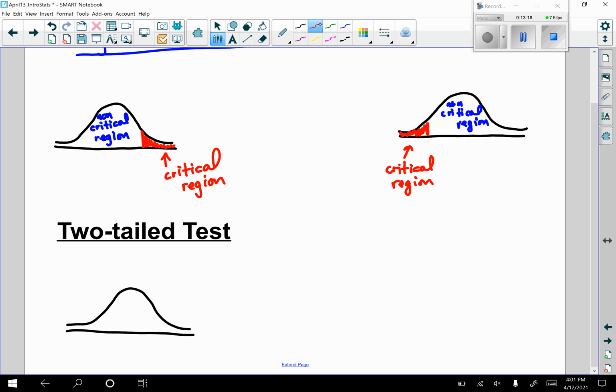And with the two-tailed test, we just have shaded regions on either side. So we have a critical region here and over here. Non-critical region will be in the middle.